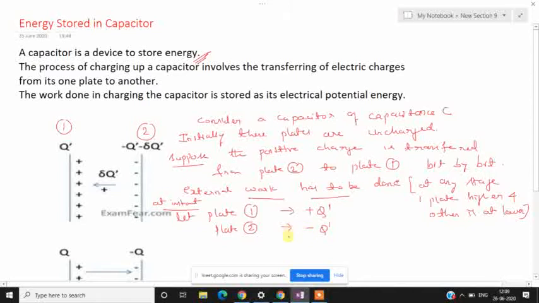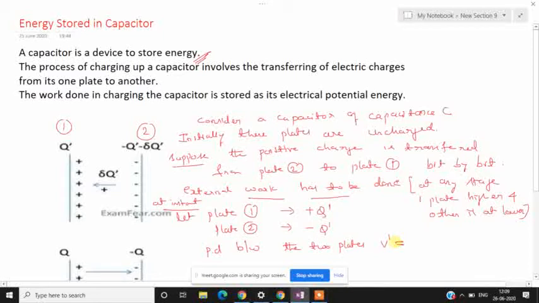I'm talking about some instant. Then what is the potential difference between the two plates in terms of capacitance? Let me call the potential difference at that instant V dash. What will be the expression for V dash?